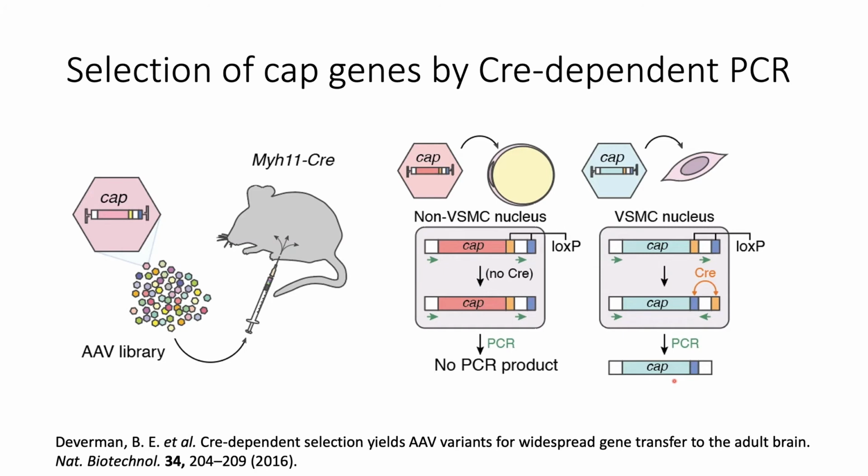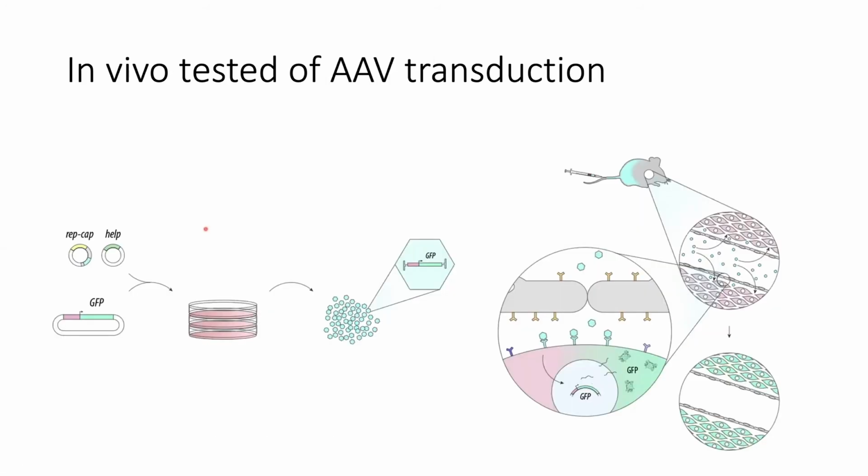To set up this technique, we used this method to identify novel AAV variants that target the kidney, the vascular smooth muscle cells, and also the fat cells localized around arteries. We identified some new variants of the CAP genes, and to test the performance of the AAV particles produced with these CAP genes, we made AAV particles in the laboratory which contained a gene encoding green fluorescent protein.